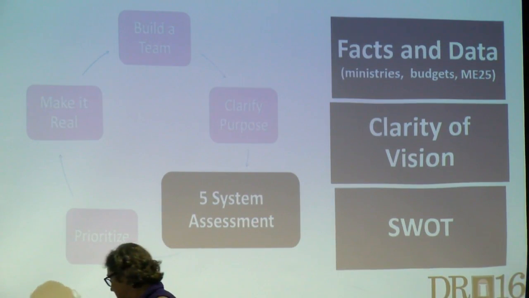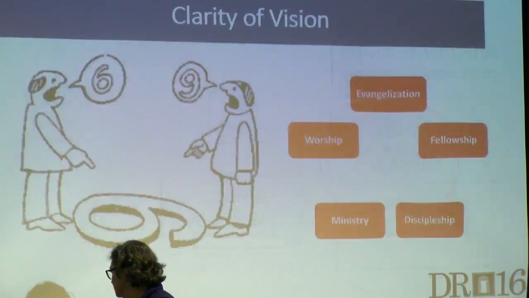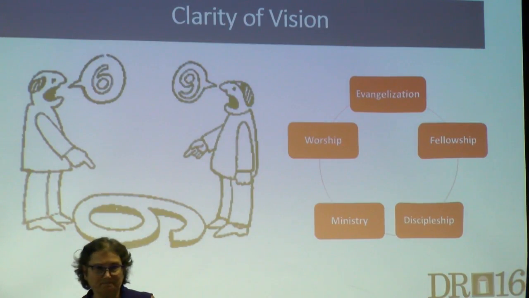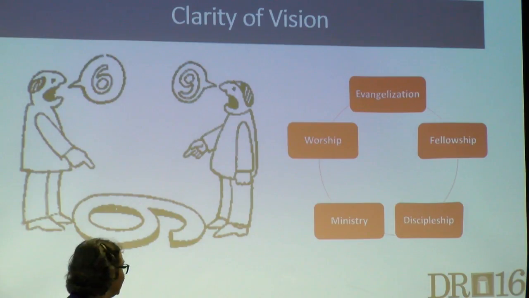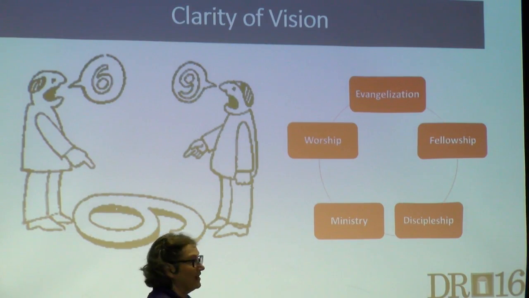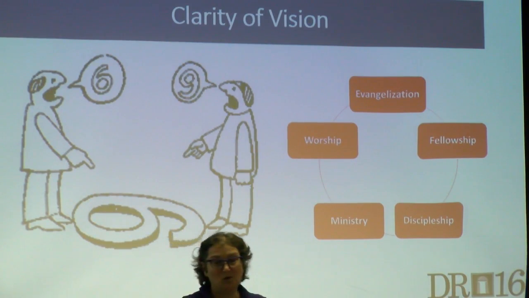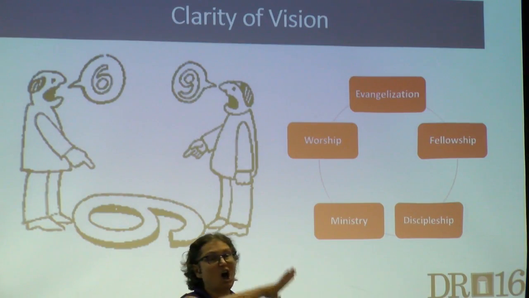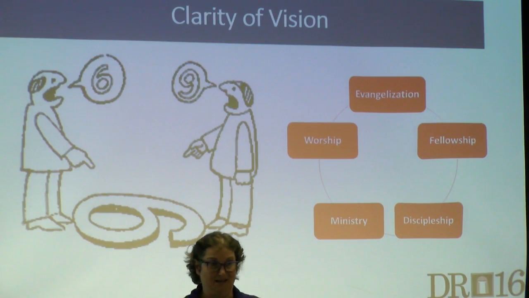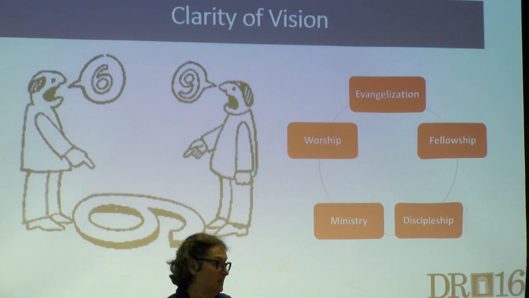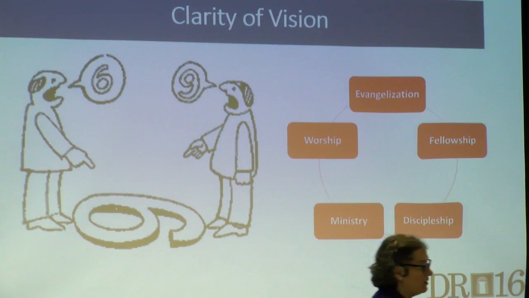So in terms of the 5 system assessment, one of the first things we do is clarity of vision. Okay, and I'll tell you, when we first started this, as our pastoral council, we spent entire council meetings, 3-hour meetings on each one, just to get clarity of what it meant. Because, see, Mark and I can sit and have a conversation.